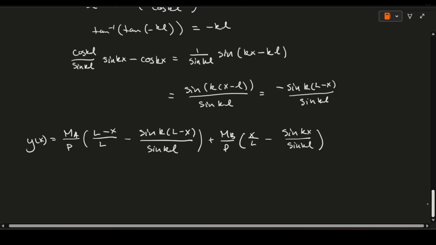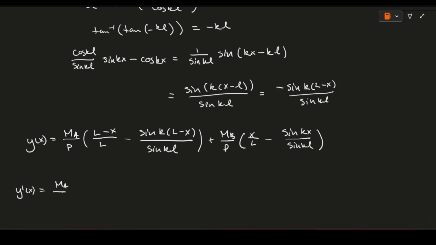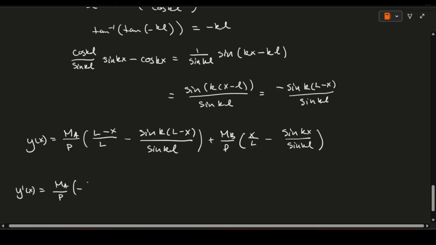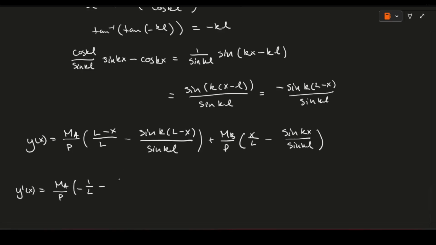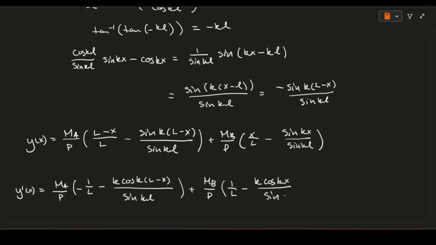If we now take the derivative of this function, we get y prime of x is equal to MA over P times minus 1 over L minus K cosine K times L minus X all over sine KL, plus MB over P times 1 over L minus K cosine KX all over sine KL.